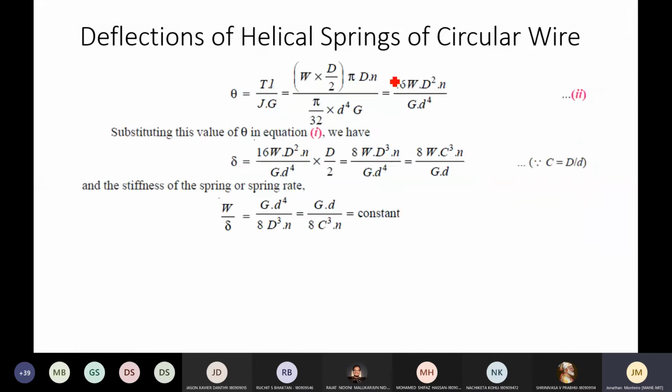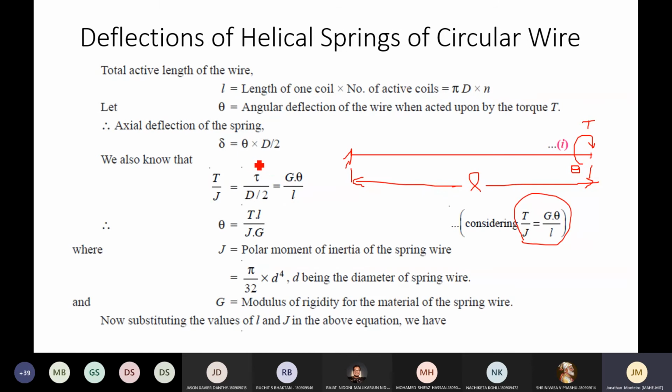Let us go next. T by J equals G theta by L, you rearrange it: theta equals T L by J G, and put the equivalent forms, that is W into D by 2 for T, pi D n for L, and the polar moment of inertia pi by 32 into d to the power 4, into G. Then substituting the value of theta in the equation, as just mentioned by you previously, the angular deflection theta is correct, and length is correct, whatever we understood.